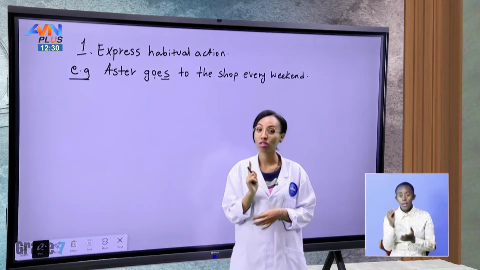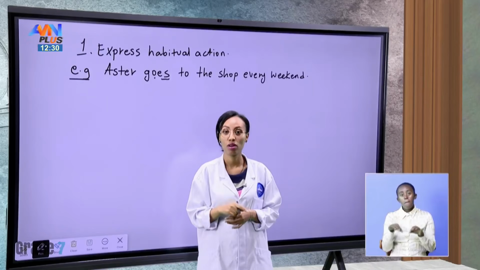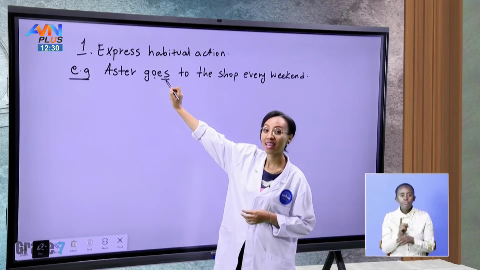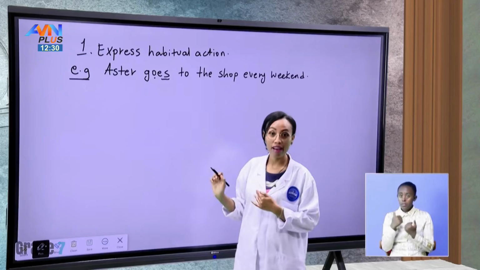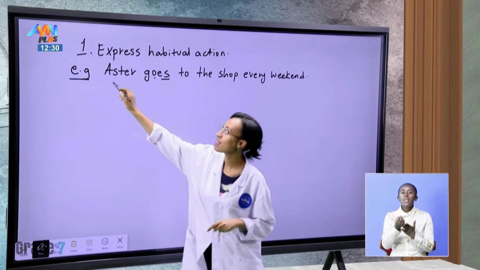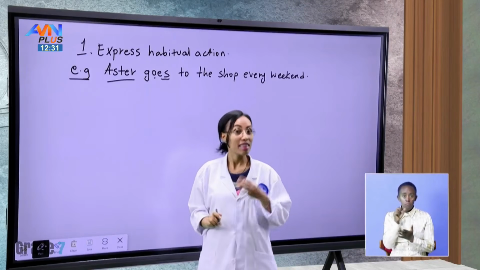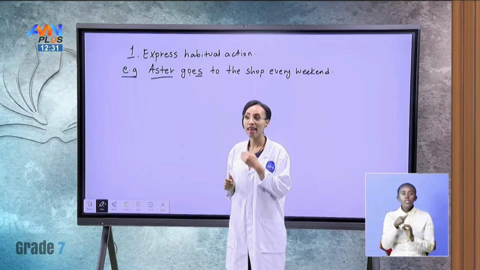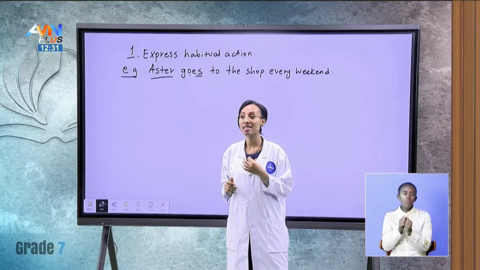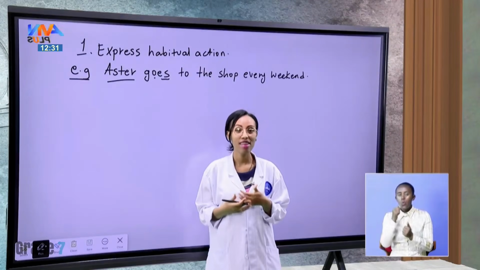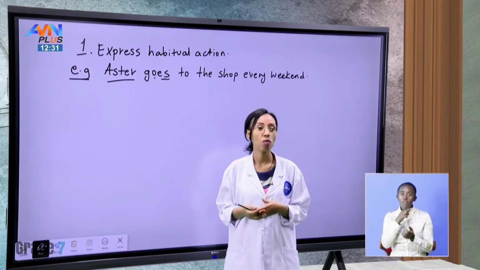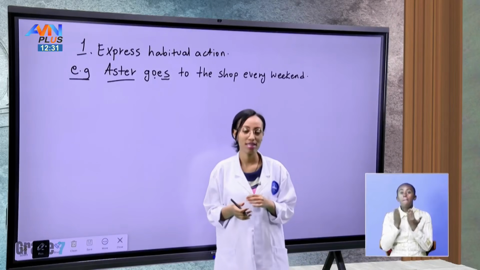The other most important idea to consider is that it added es because our subject is Aster. That means it is she. So he, she, and it, the third person singulars, take s or es in their verb in the simple present tense.